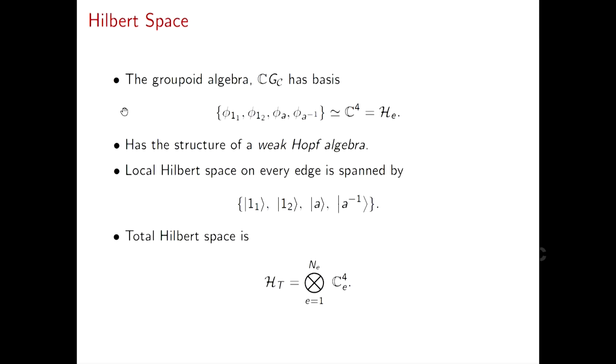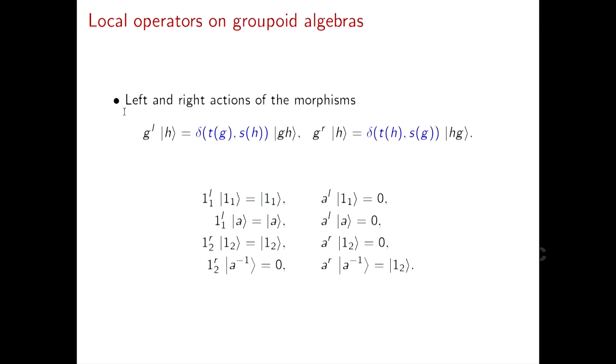Okay, so the total Hilbert space is just a tensor product of these C4s on all these edges. Again, on each edge I have a local operator, and these local operators will have a left or a right action.